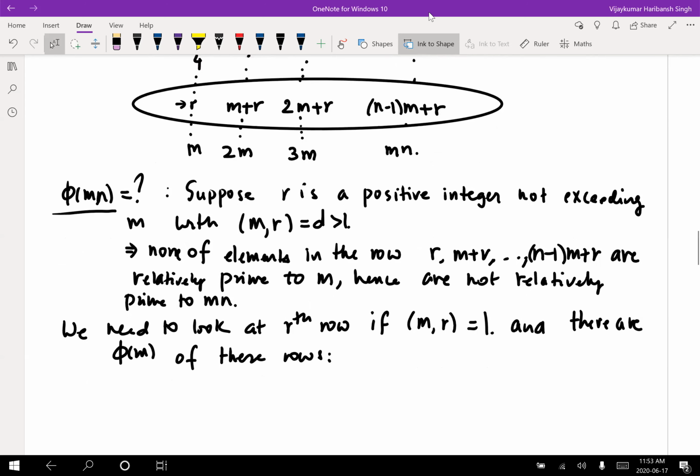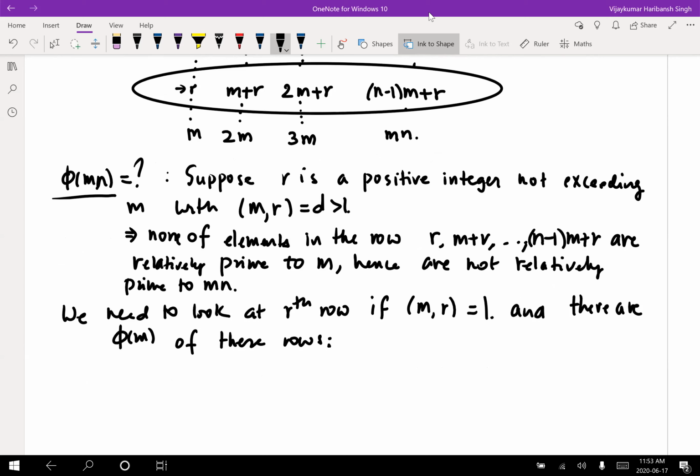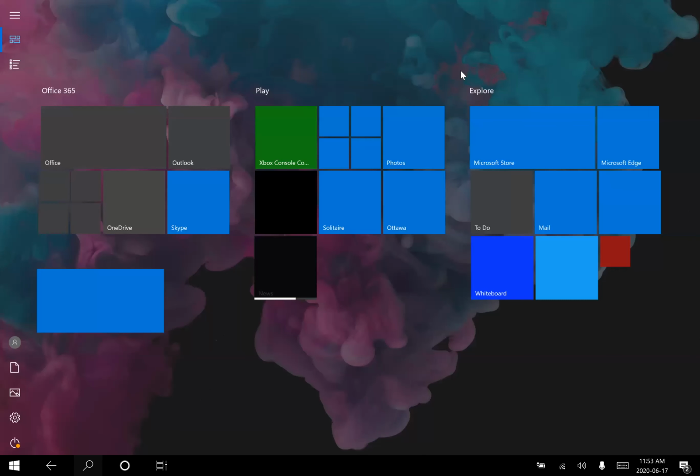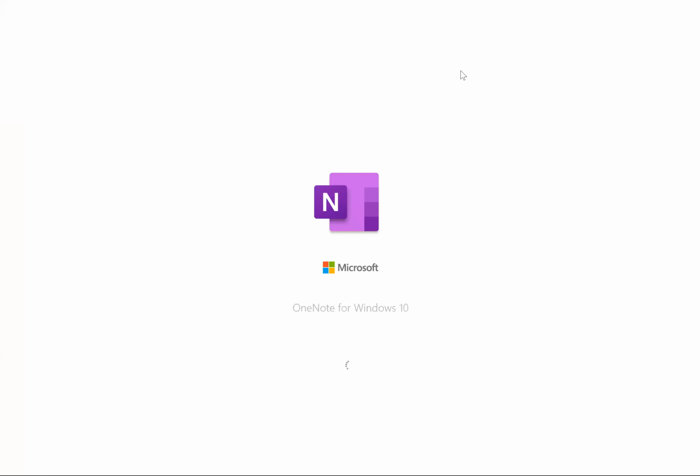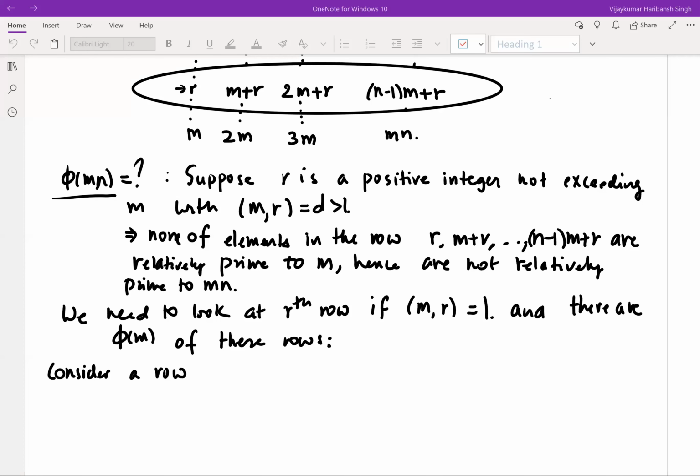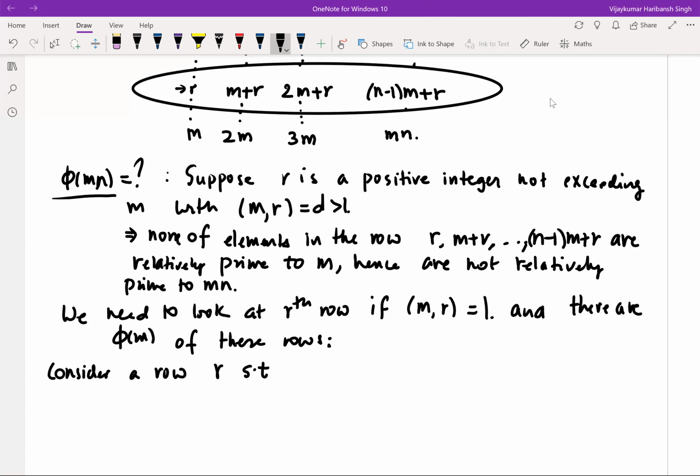So now consider a row. These are the rows. Now consider a row r such that gcd of m and r equals 1.